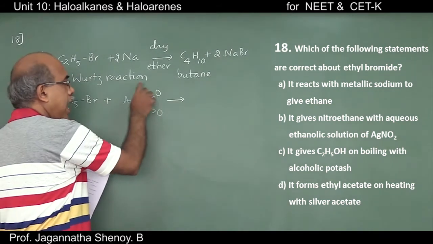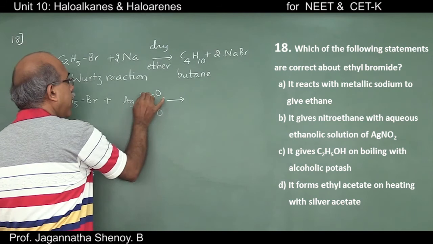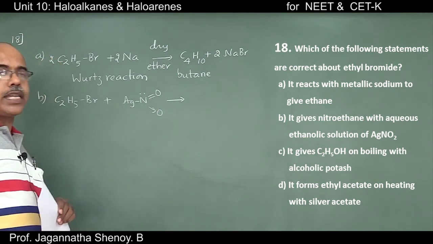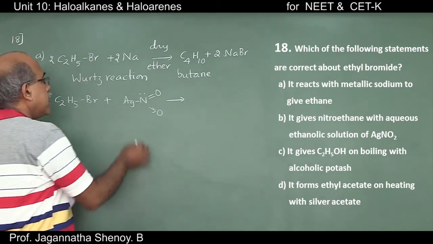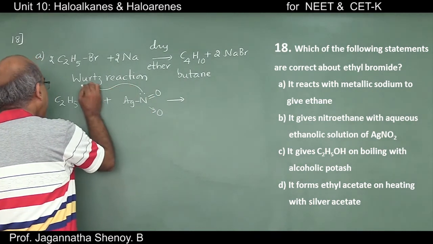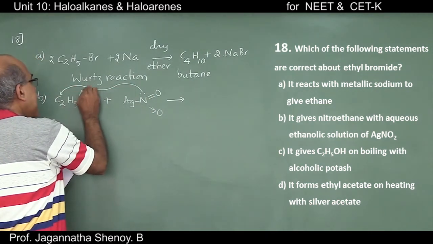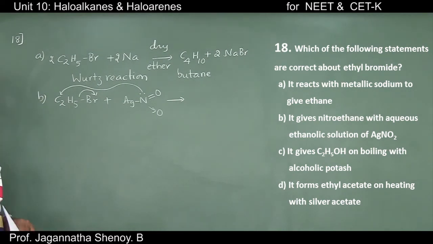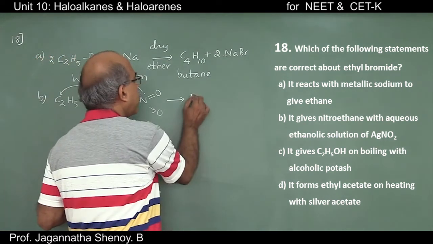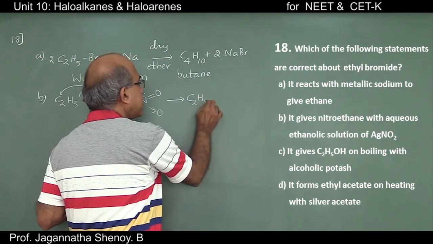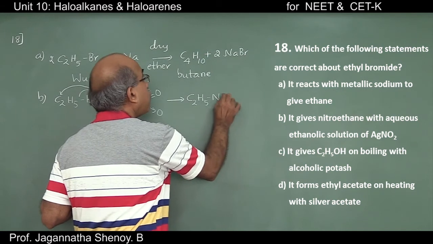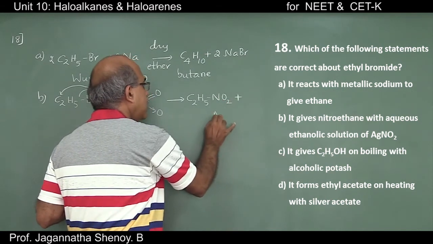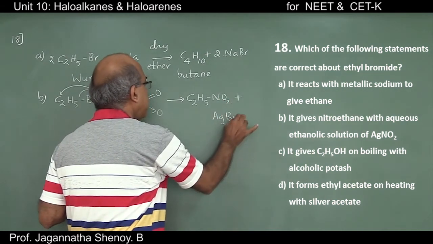So, in this ambidentate nucleophile, now the attacking agent is nitrogen. So this nitrogen with a lone pair of electrons has to attack this ethyl group, and bromo group should get removed in the form of Br minus. So what should be the product formed? The product formed should be C2H5NO2. In addition to that, I will get silver bromide.